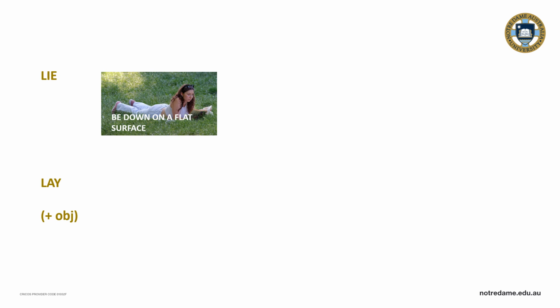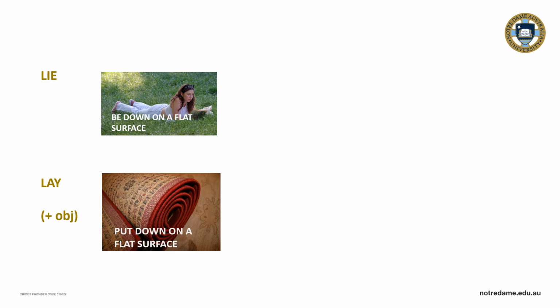But the other verb that it's confused with is the verb lay. And lay is an action to put something down on a flat surface. For example, to lay a carpet. So as you can see, somebody lays something. It has an object.